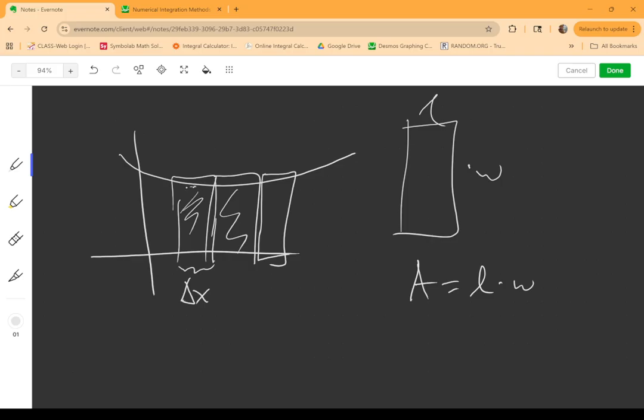So the height is going to be some function value, which I'll just call f sub i for now. That means the area of each individual rectangle is delta x times the function value f of x sub i star, and that x sub i star comes from somewhere in the interval.